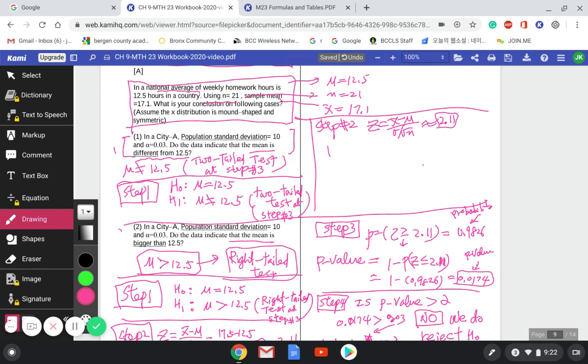And then probability of the z-value when z-value is less than or equal to 2.11 was, again, the one that you got, 0.9826. Okay? That's the probability.